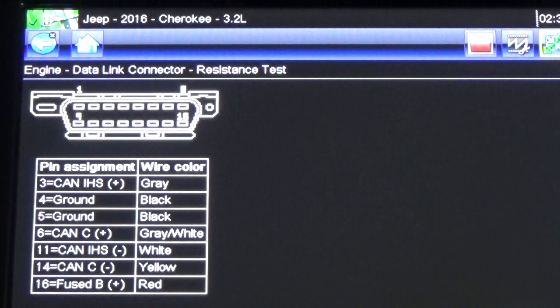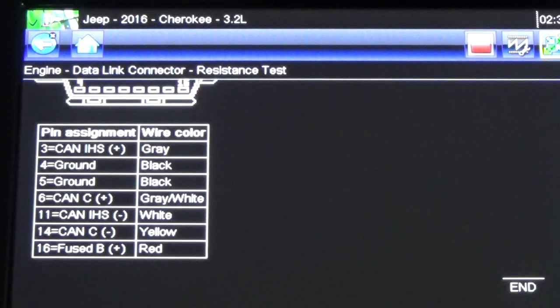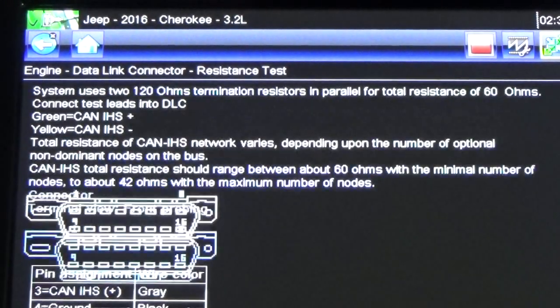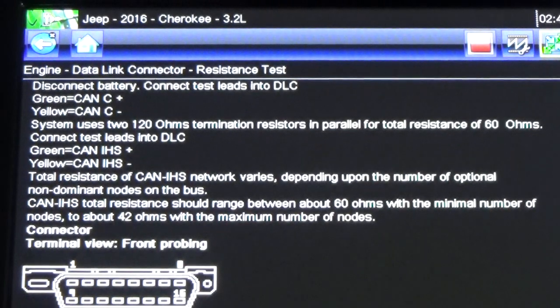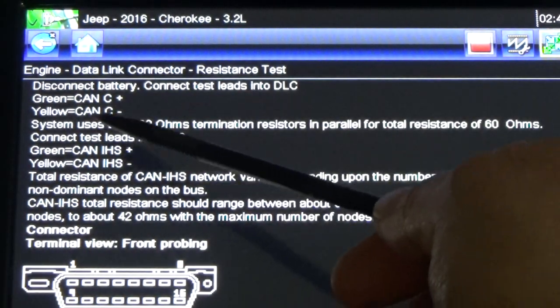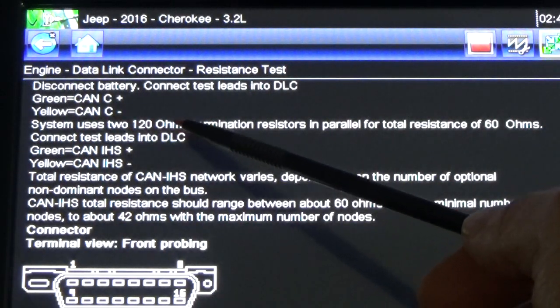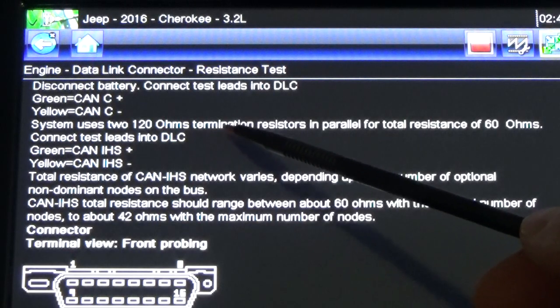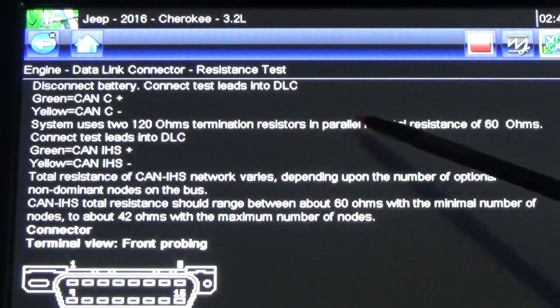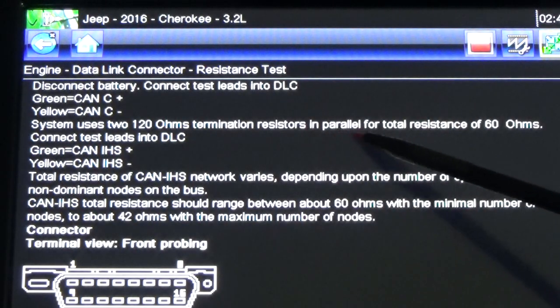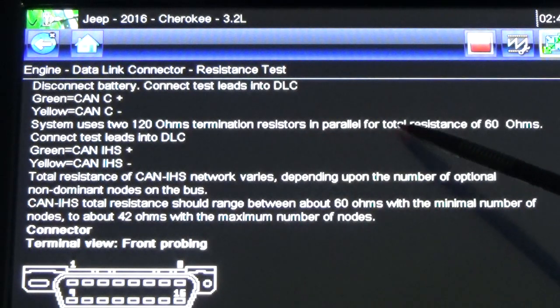And that is why the system description is very important to know, because the system uses 120 ohms resistance, and because it's parallel, you see, in parallel for a total resistance of 60 ohms.